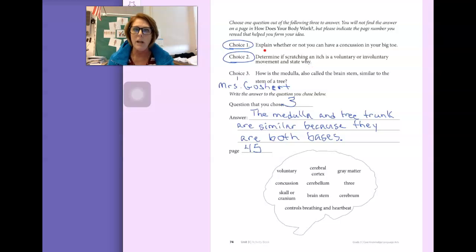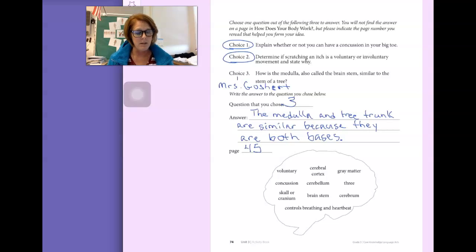So for choice number 1, you're going to want to find the pages in chapter 6 that talk about what a concussion is and decide whether or not you could have one in your big toe and tell us why. Now, choice number 2, you're going to find where it talks about voluntary and involuntary movements, and you're going to decide, I just scratched an itch, right? Is scratching an itch a voluntary or involuntary? Remember, voluntary means we think about it, involuntary, we don't think about it.